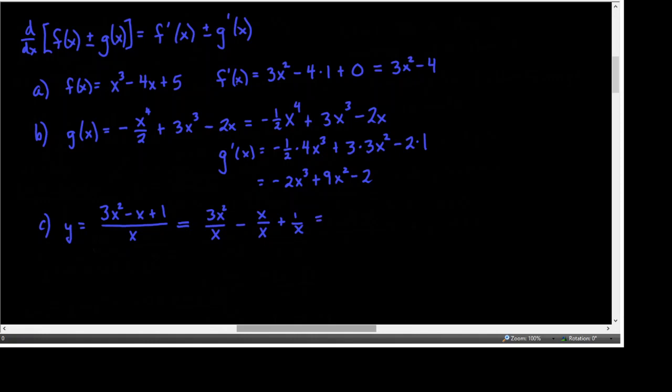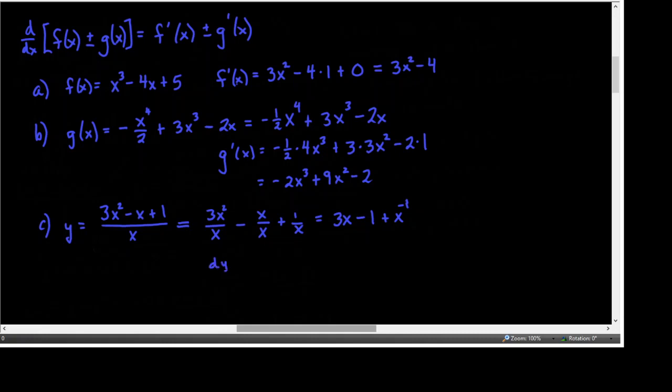3x squared divided by x is going to simplify to be 3x, whose derivative is easy. x divided by x will simplify to be 1, whose derivative is easy. And 1 over x should be rewritten as x to the negative first, which, after a little bit of practice, is also fairly easy.